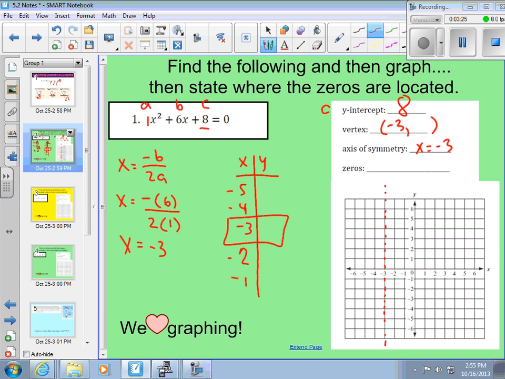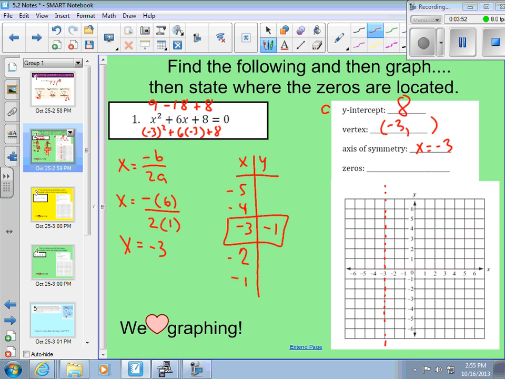For example, if we plug negative 3 in here, negative 3 squared plus 6 times negative 3 plus 8, and see what that equals. That would be 9 minus 18 plus 8. And if you solve that out, you end up getting negative 1. So you can just go through and do it by hand.